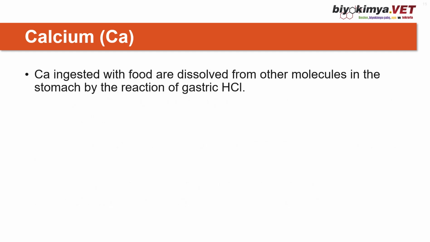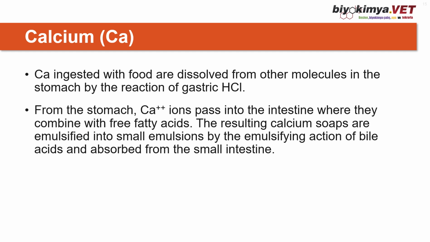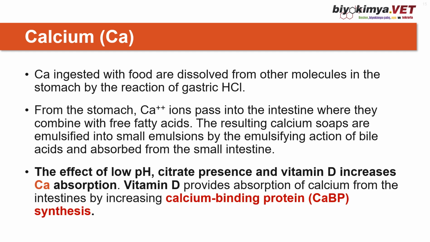Calcium ingested with food is dissolved from other molecules in the stomach by the reaction of gastric hydrochloric acid. From the stomach, calcium ions pass into the intestine where they combine with free fatty acids. The resulting calcium salts are emulsified into small emulsions by the emulsifying action of bile acid and absorbed from the small intestine.